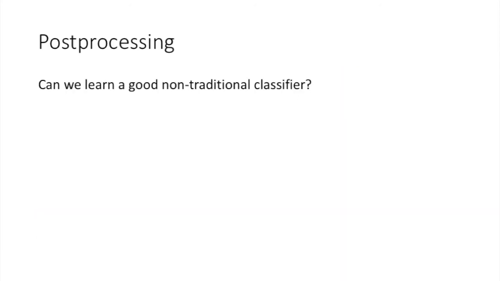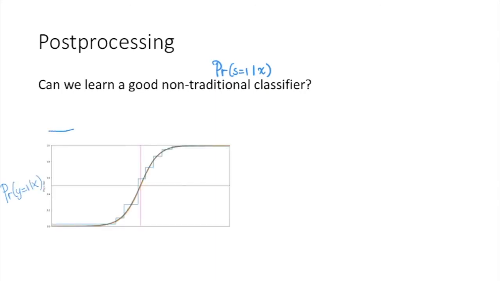The question now is, can we actually learn a good non-traditional classifier to find the probabilities for an example to be labeled? For sake of comparison, let's look first at how good we are at finding a traditional classifier to predict the positive probabilities. Here in orange, we have the real probabilities for examples being positive.